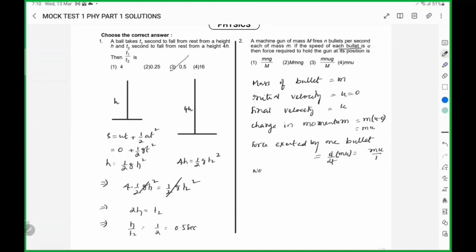The number of bullets so fired in 1 second is n. So force exerted by bullets on the gun is mnu.